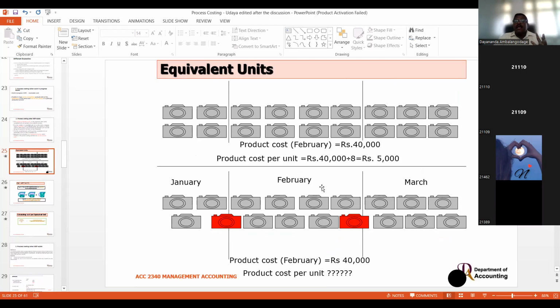But in February, you have both opening and closing WIP. When you follow the FIFO method, you see here cameras, you completed 1, 2, 3, 4, 5, 6, 7. That is true. You completed 7 cameras. Even though you completed 7 cameras, we assume that the first camera we are going to complete is this one, what is in red.